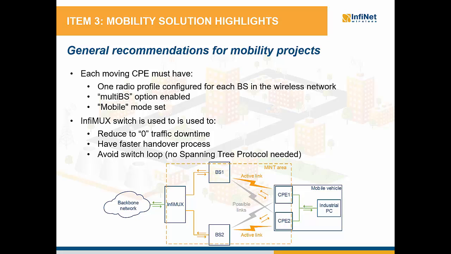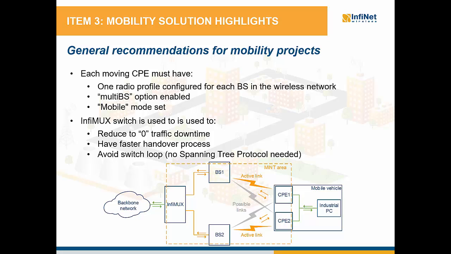Why do we need to use 2 CPEs, for instance, for a mobile vehicle? The answer is very easy: in order to have a higher probability of reaching one of the base stations, because in a mobility project we can have high altitudes for some base stations and low altitudes for others, and also for the mobile CPEs we can have different heights along the way the CPE is moving.